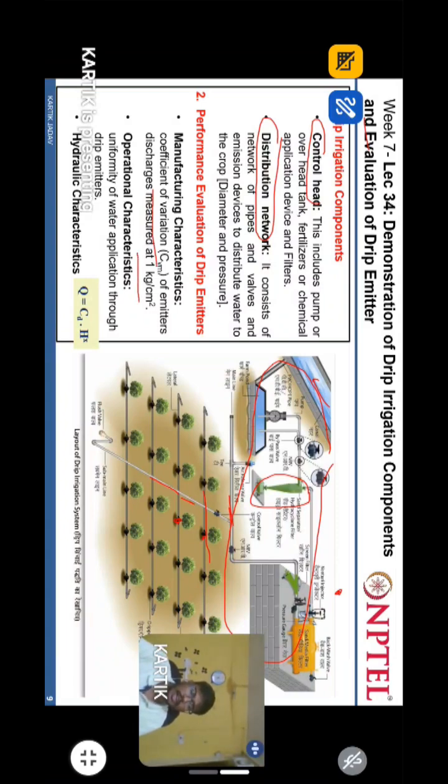For operational characteristics, we derive emission uniformity, which means how uniformly water gets distributed. We will discuss that in upcoming slides during problems. And hydraulic characteristics are defined by x, that is the emitter exponent.